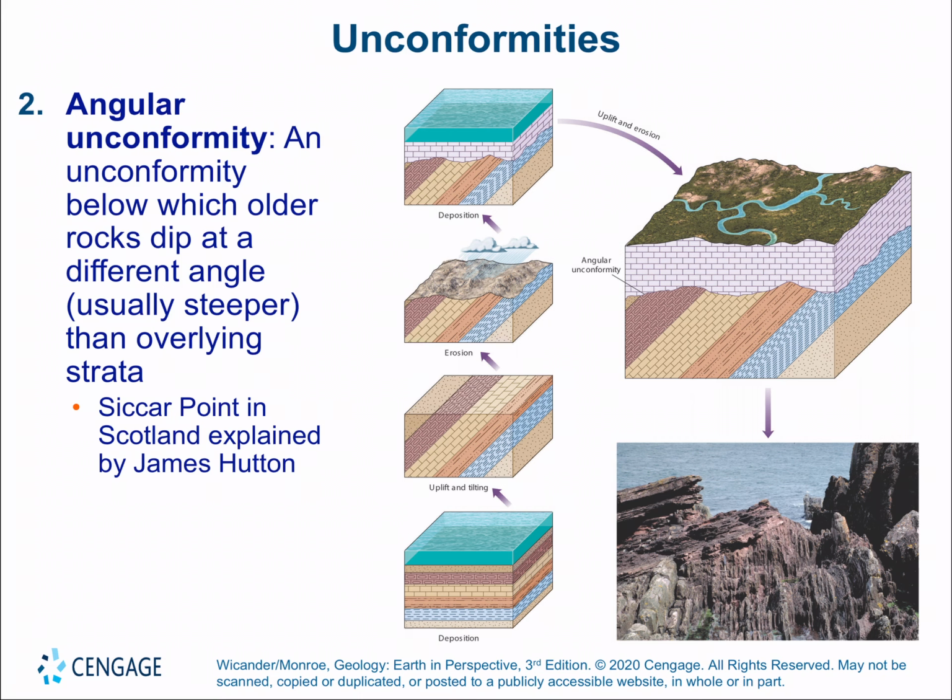If we follow the sequence from the bottom up, you had deposition, uplift and tilting, erosion, and then more deposition, uplift, and erosion. The bottom right picture is the type location at Siccar Point in Scotland. This was where James Hutton first realized the significance of unconformities.